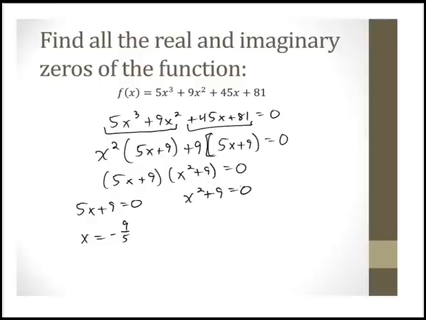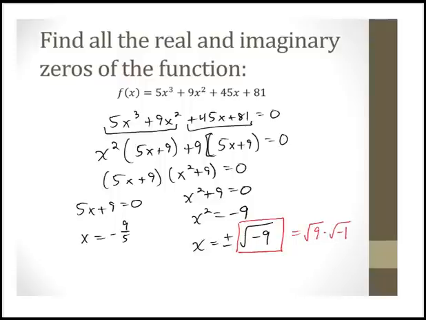I can write this as x squared equals negative 9, and then using the square root property, I have x equals plus or minus square root of negative 9. Now here we have to be careful. That square root of negative 9 is the same as the square root of 9 times the square root of negative 1.